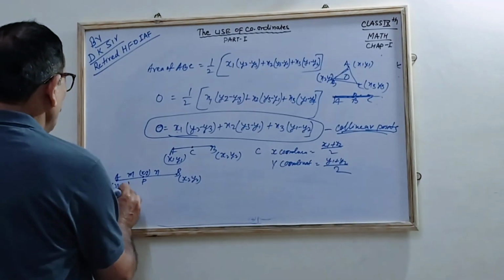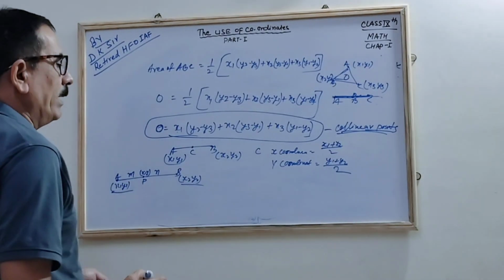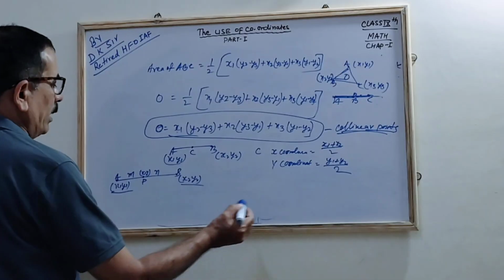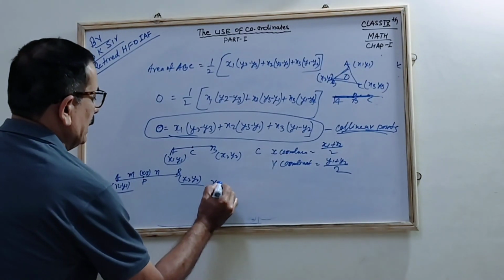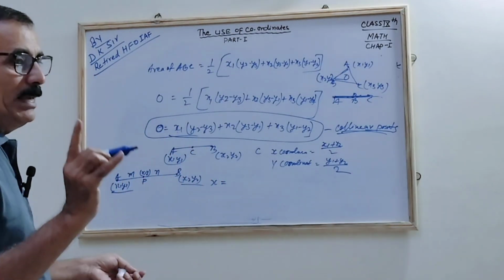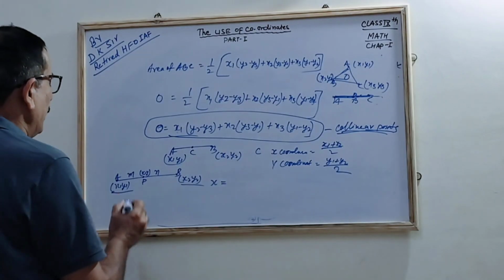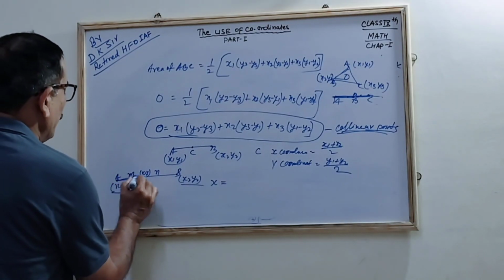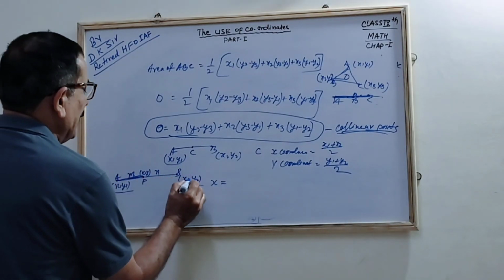And through 2 points A and B the coordinates are given. As per the section formula, what you will do? The x is equal to, just you listen to me carefully, you will understand. You take the first m multiplied by x2 of the other side.